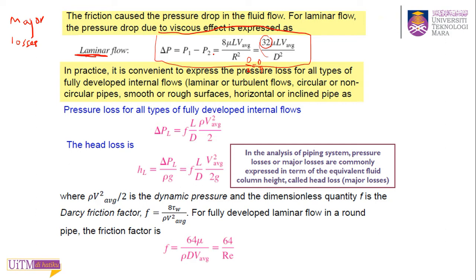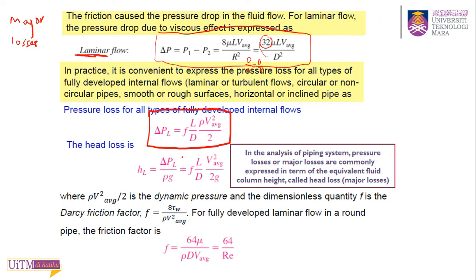We can calculate that pressure drop using this equation. This is your main equation to calculate the pressure drop inside any type of pipe, whatever the geometry, circular or non-circular.